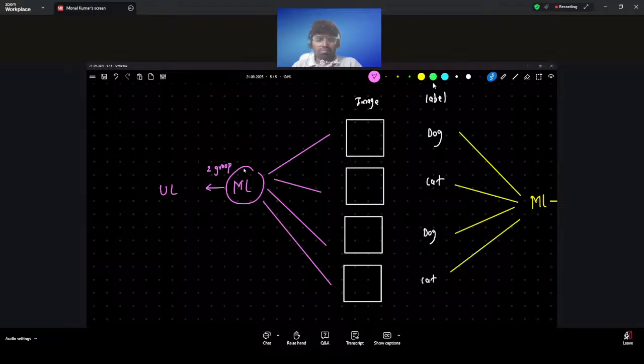Just understand the pattern by yourself and provide a model which will be able to tell whether an image belongs to group A or B. It does not know dog or cat because that information is not present. All we mentioned was two groups, group A or group B. Later, once the model is ready, we can check whether group A means dog or group B means dog.